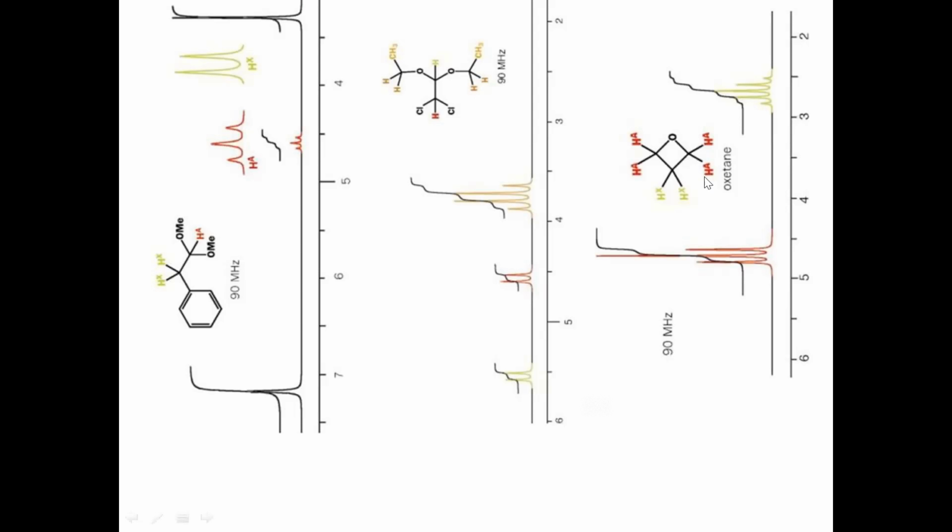Similarly you can see this one. For this proton it will appear as a triplet, and this triplet will appear for four protons. Understand? For four protons.